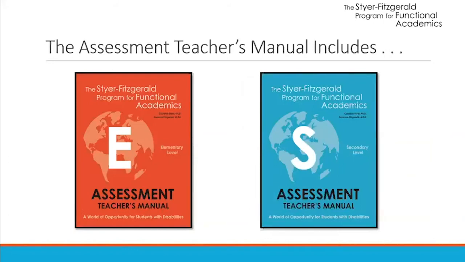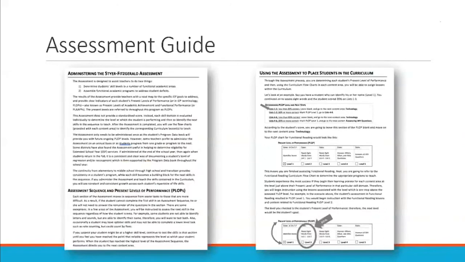The assessment teacher's manual is going to tell you how to conduct your assessment, determine the present levels of performance for the student, and then the appropriate placement in each curriculum content area. So your assessment guide in the front of the teacher's manual is only a few pages long, but it provides pertinent, helpful information needed for you to be able to assess your students.